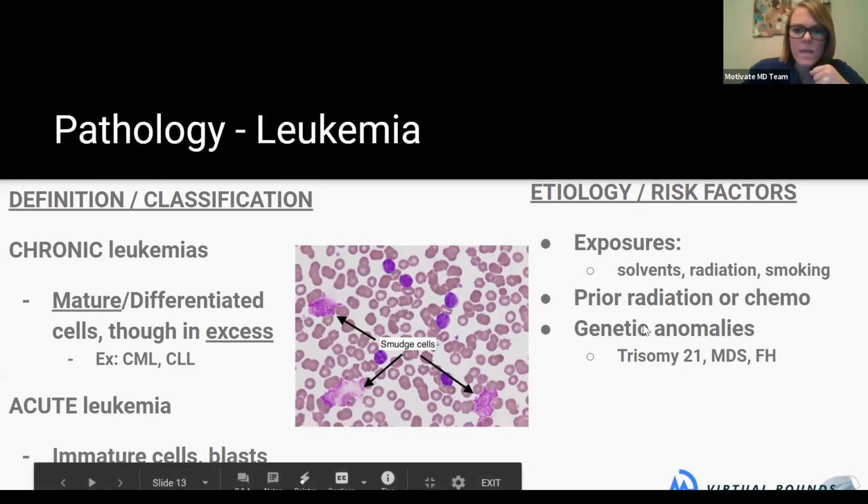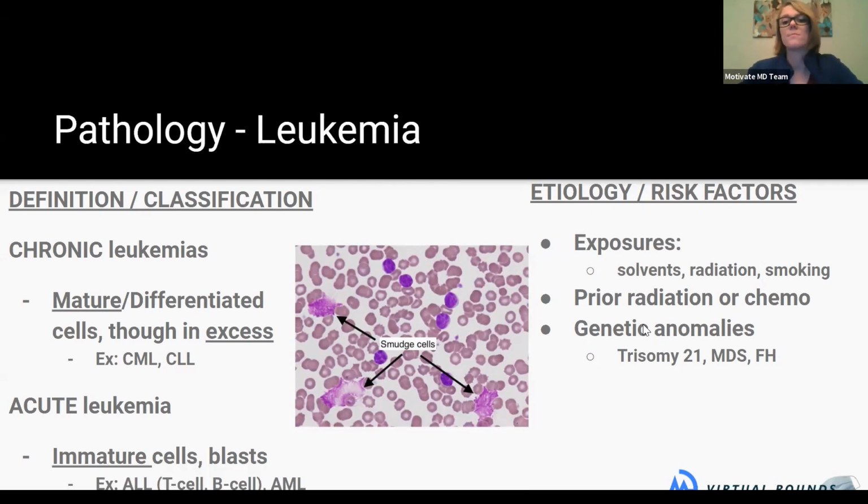When we're talking about the risk factors, or the etiology, of these leukemias, the exposures we want to talk about are solvents and radiation. Radiation is a big one, and we're talking about ionizing radiation.